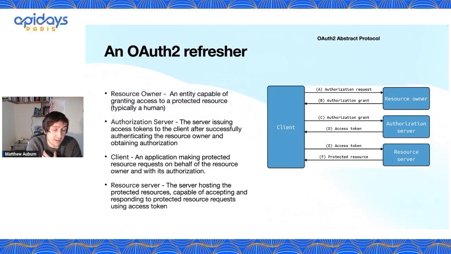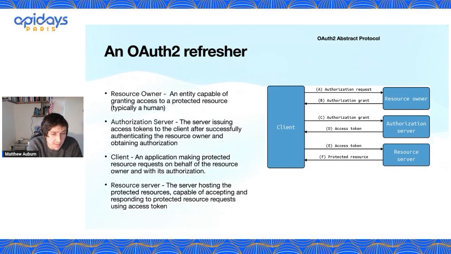The authorization server would ask the resource owner if they'd like to grant access to that client application, so the client wants to access resources on the resource owner's behalf. And the resource server protects the resources. If a valid access token is presented to the resource server, it would respond to that request.